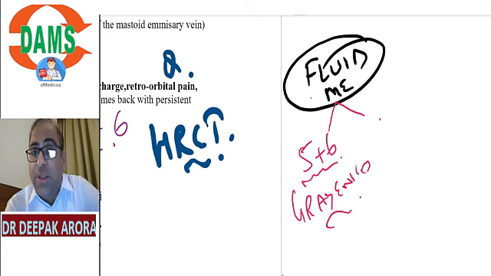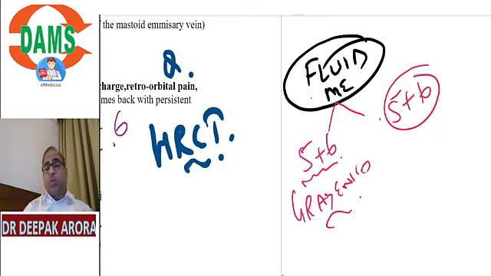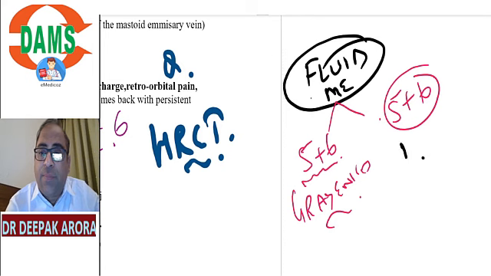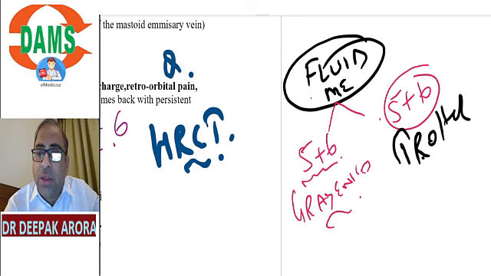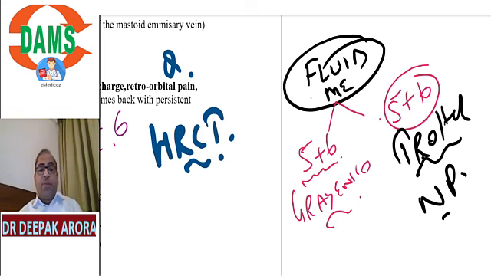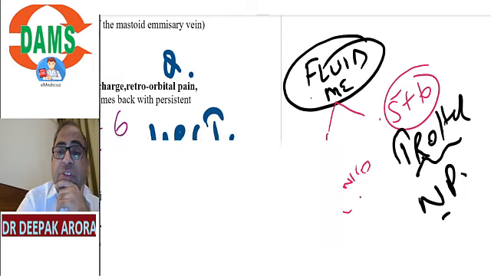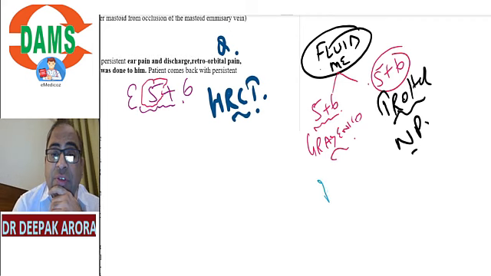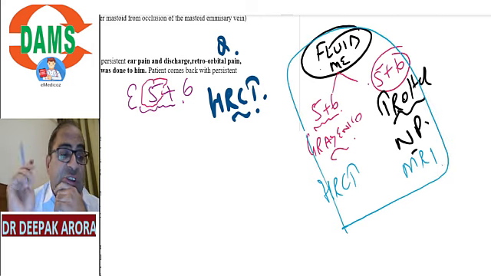If it is fluid in the middle ear with 5th and 10th nerve palsy, anyone who can write in the chat box, instead of 6th nerve, if it is 10th nerve, then I am making a diagnosis of, yes, it is Trotter's triad. 5th and 10th is Trotter's triad, a feature of nasopharyngeal carcinoma. So the difference is of 1 nerve. Here we have 6th nerve, there we have 10th nerve. Here the investigation of choice is CT, HRCT. Here the investigation of choice is MRI. Just remember this thing. Clear?